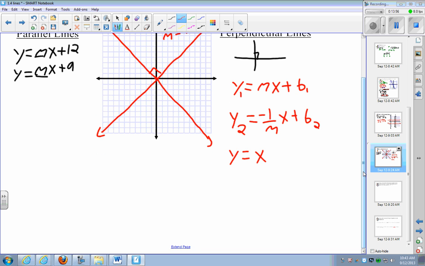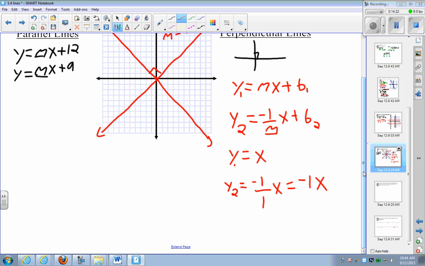So what is the perpendicular line to this, or any perpendicular line? And so here, we'll have perpendicular line y2 is equal to negative 1 over our m. Here our m is just 1. I'll write that x there. And it's just equal to negative 1x.